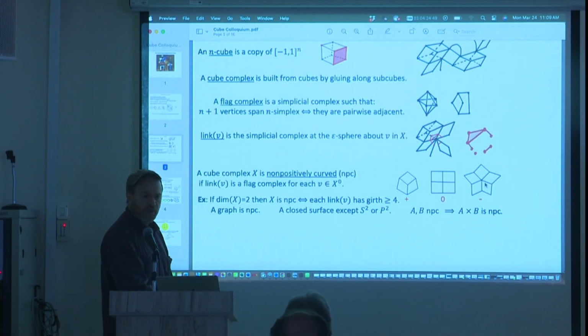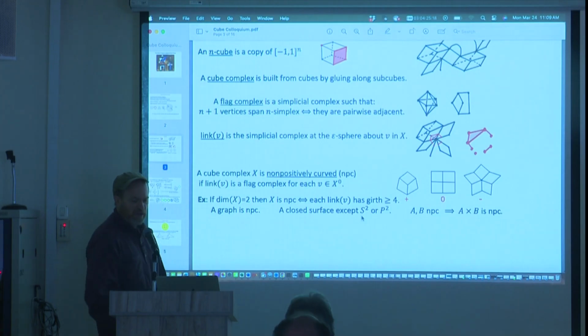And those are flag complexes. But for the positive curvature case, you have a 3 cycle as the link. There's no 3 cube over here, and it's missing the 2 simplex. Okay? And this is not going to be a non-positively curved cube complex. This is just a 2-dimensional object. These are non-positively curved cube complexes.